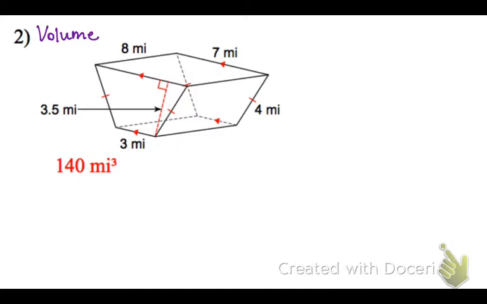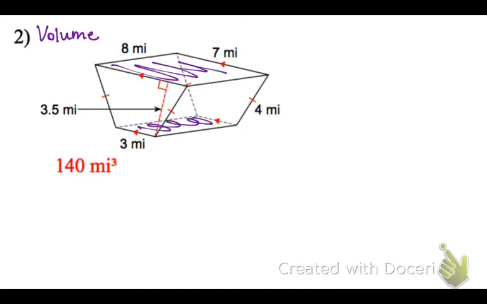If we look at these two sides, those are both slanted. So those cannot be bases because remember the bases have to be parallel, and those are decidedly not parallel.